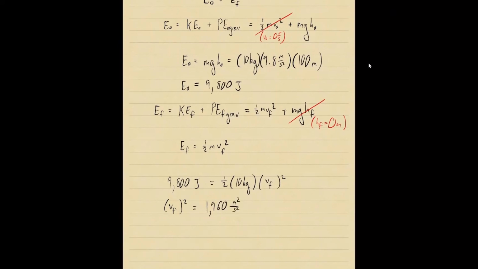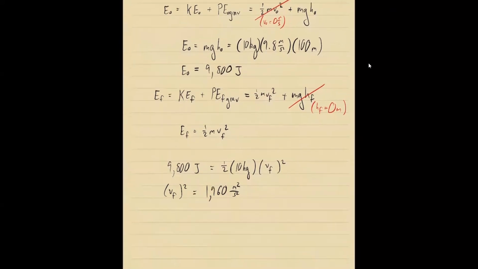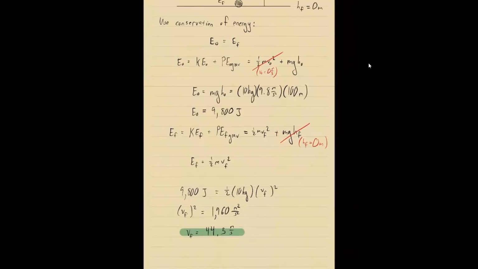And finally, if we take the square root of both sides, we get that the final velocity of this ball just before it hits the ground is going to be about 44.3 meters per second. So this is us solving the problem using conservation of energy.